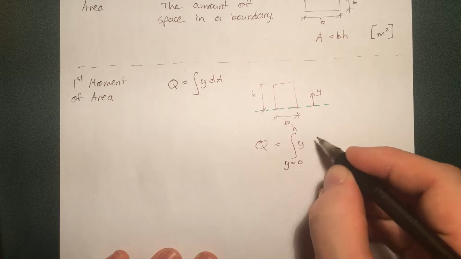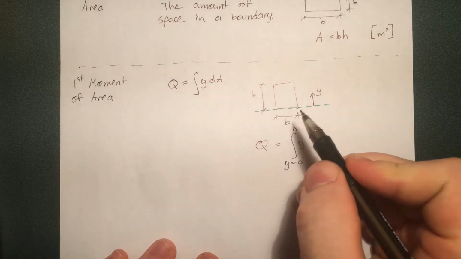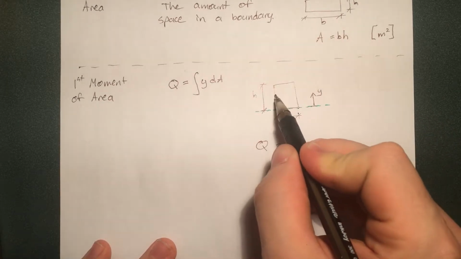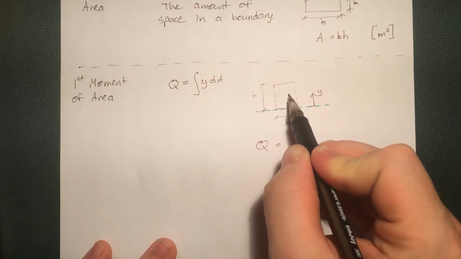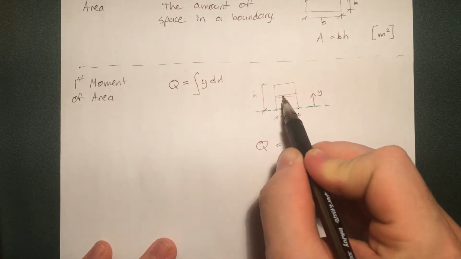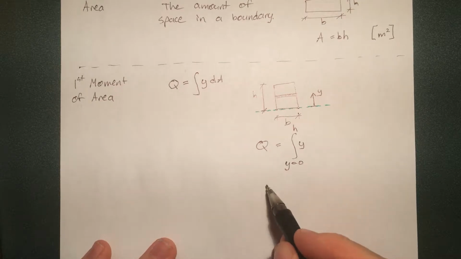y. Now what's dA? So we can imagine a tiny bit of area, dA. It's going to be a bit like this. Small little section. So let's blow that up down here.